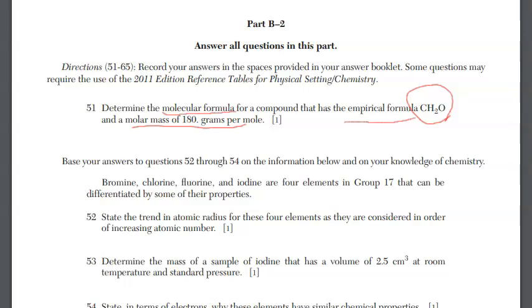So first thing when we're figuring out a molar mass, I always tell students, list the elements, the number of times they appear in the formula. We're going to multiply by the atomic masses on the periodic table. Carbon is 12, hydrogen is 1, and oxygen is 16. If you don't know that, obviously open up the reference tables and check it out.